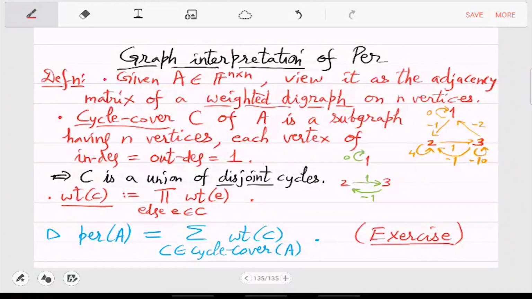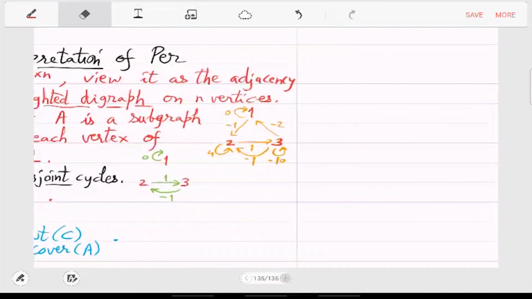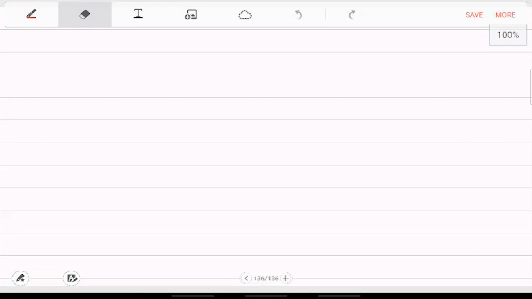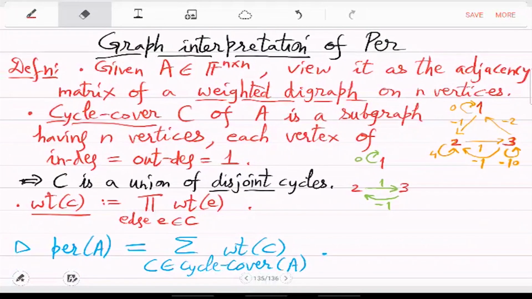Let me sketch it. The idea is basically the cycle decomposition of a permutation sigma.